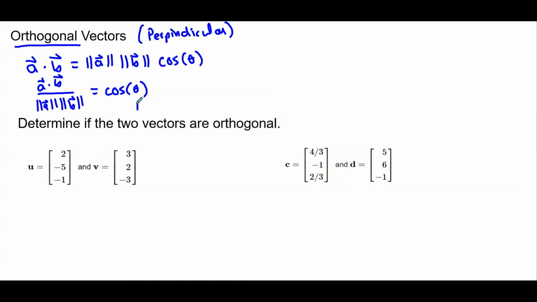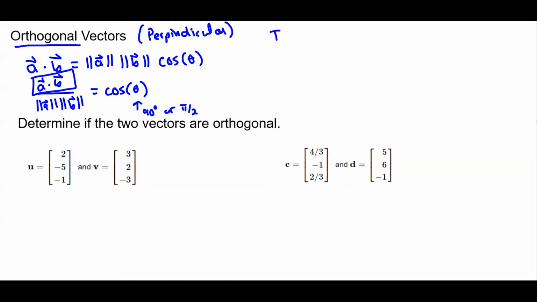Notice that if I plug in 90 degrees or pi over 2 radians for theta, cosine of that angle is 0. So if the angle between them is 90 degrees and they're perpendicular, this is equal to 0.